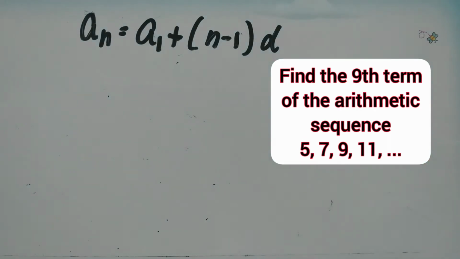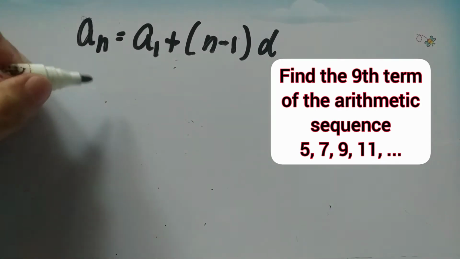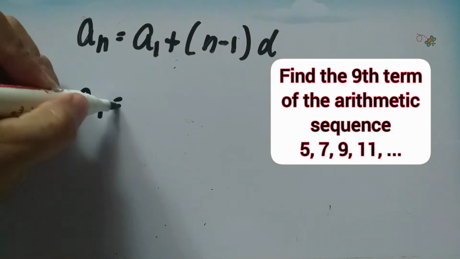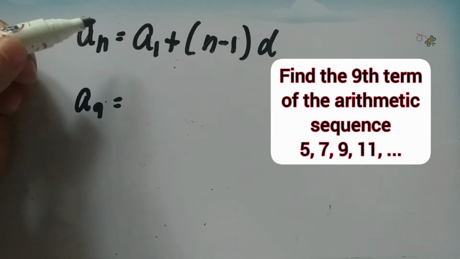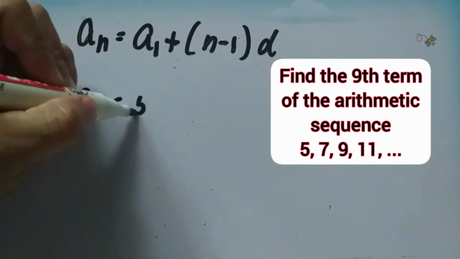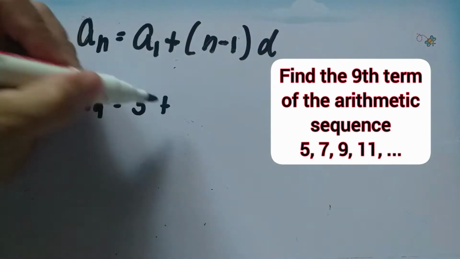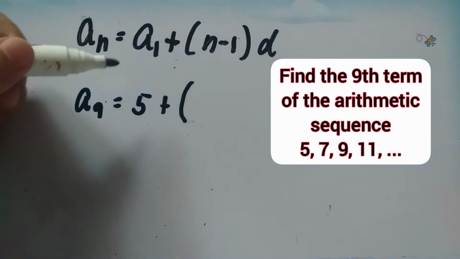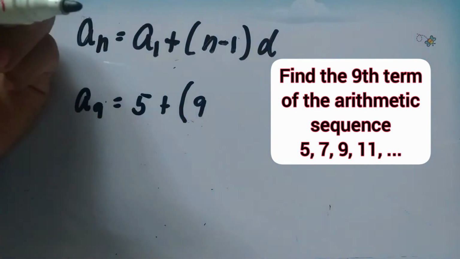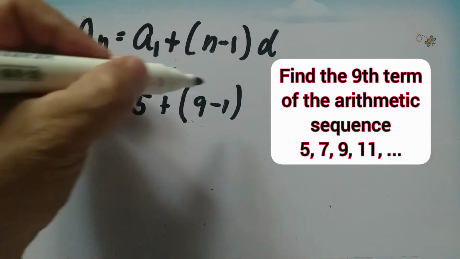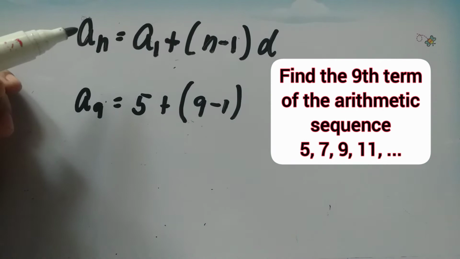Now, because we are looking for the ninth term, we're going to write a sub 9 is equal to, our first term is 5, plus, and the number of terms is 9, minus 1, times the common difference. What is the common difference?